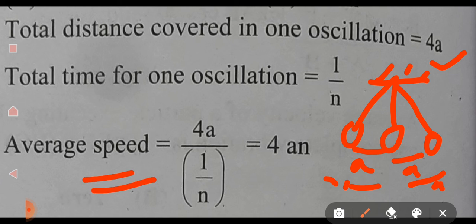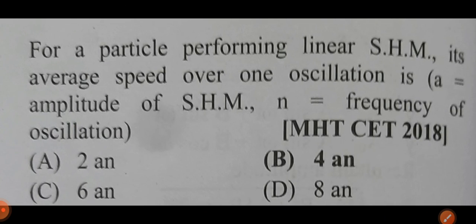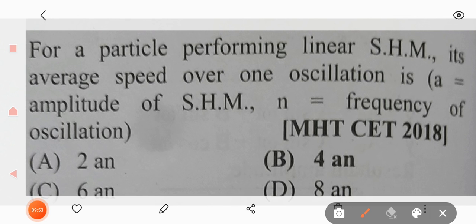Average speed has the formula total distance divided by total time, 4A upon 1 upon n. So after solving we get the answer 4an. So that is the correct answer here, option number B will be the correct option for this question.